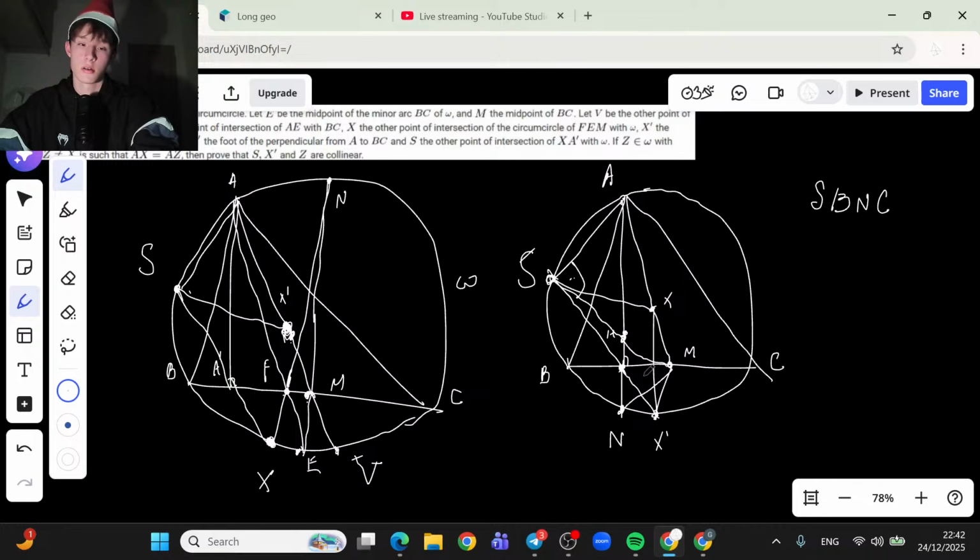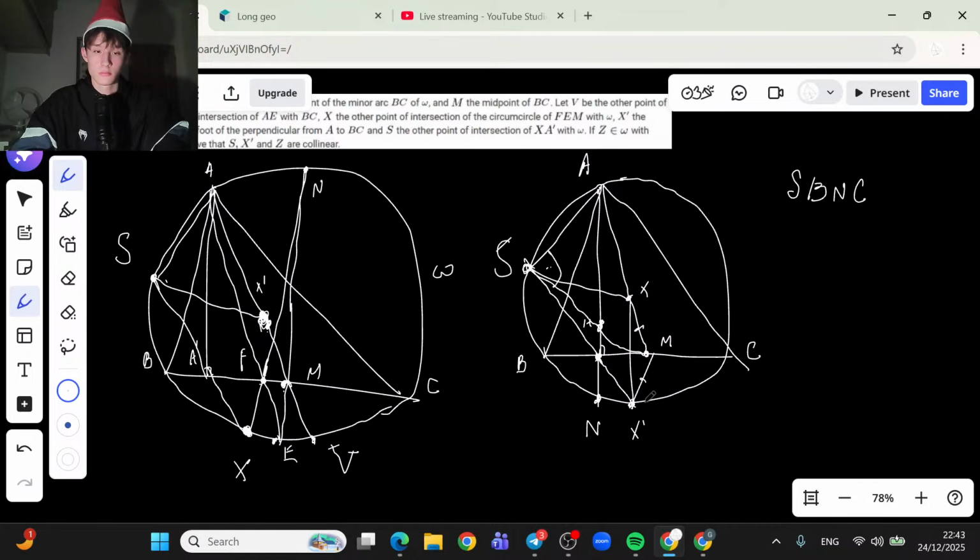Okay, this is a bit harder than expected, but once we show that, we know that XM equals X prime M. And from there, we're pretty much set because if S, X, X prime are cyclic and these are equal, then SH is the bisector, SA is the external bisector, and we would be done. But we just want to show that S, X, X prime is cyclic.